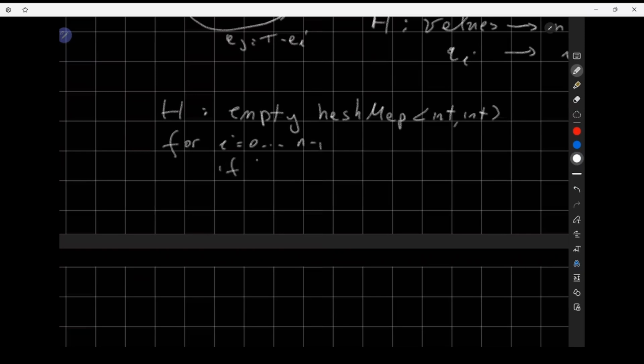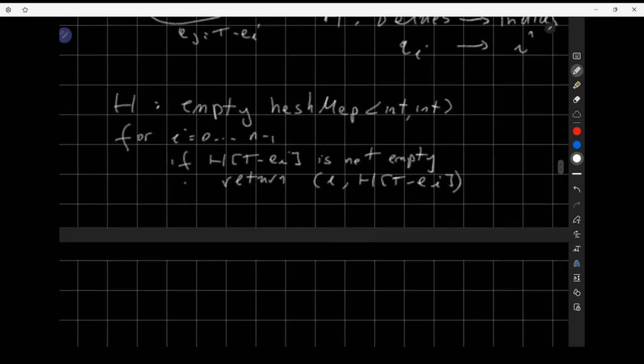So if h of t minus ai is not empty, then we return the pair i, h of t minus ai. If it is empty, what we want to do in this case is to make sure that we are keeping track of this current value ai and its current index.